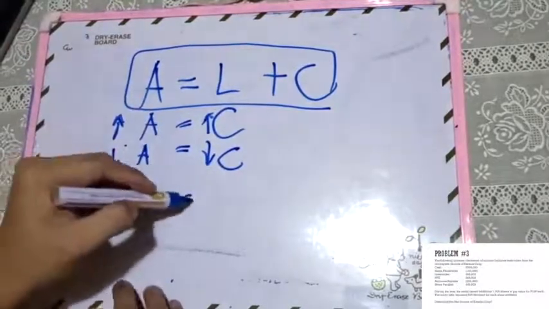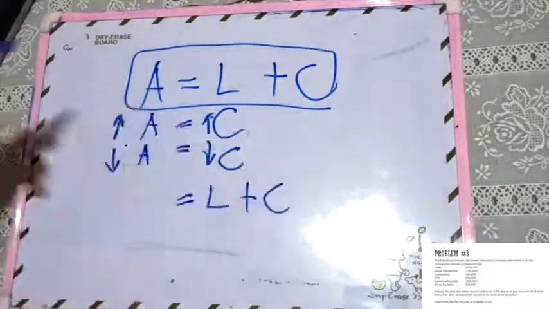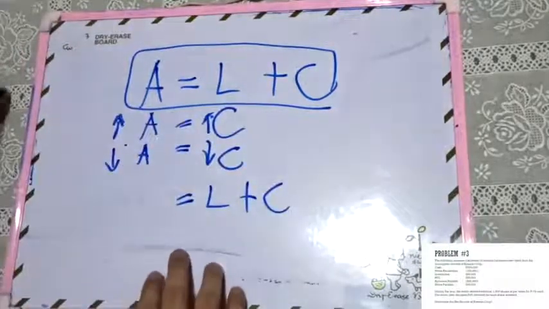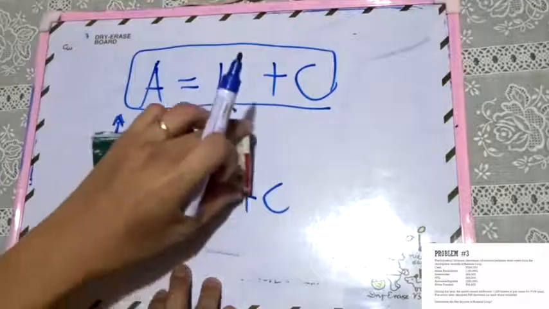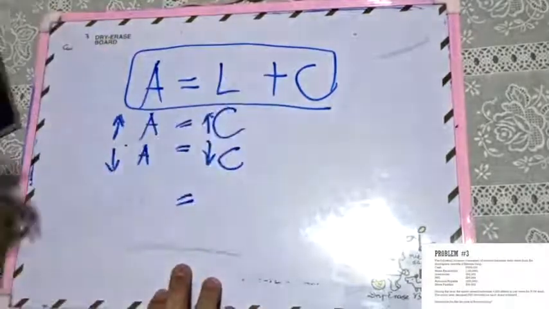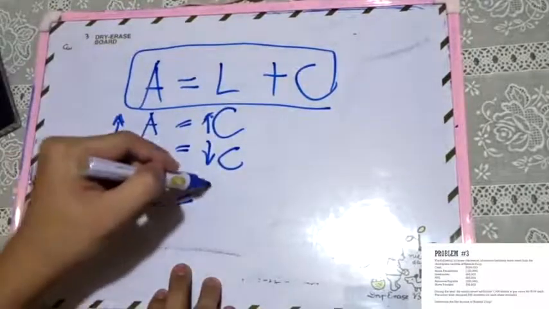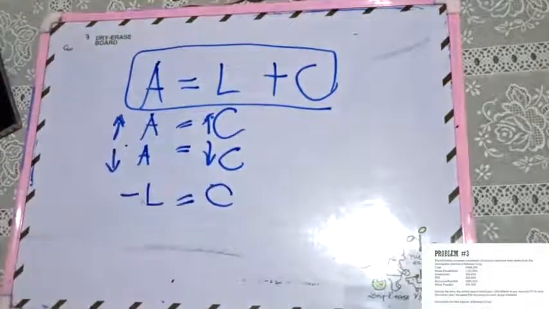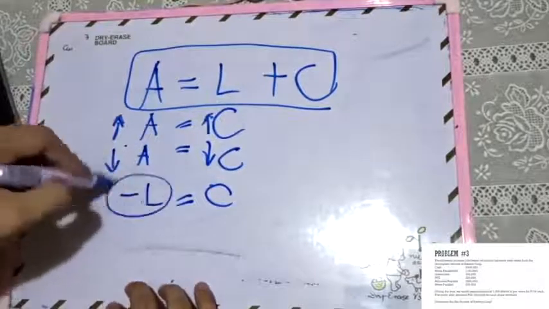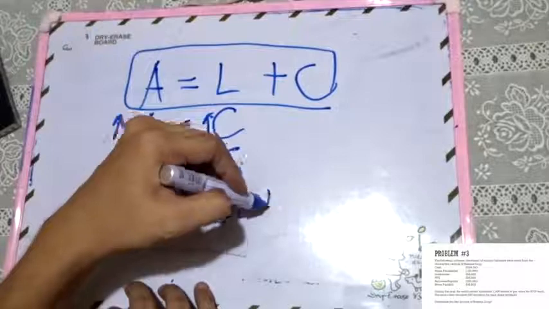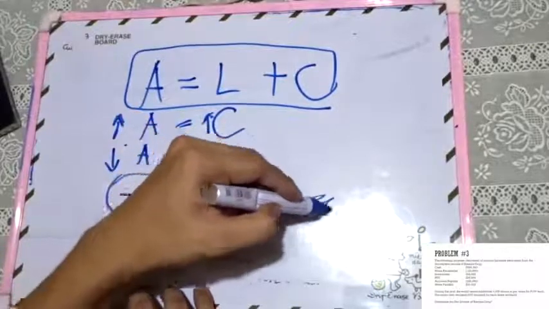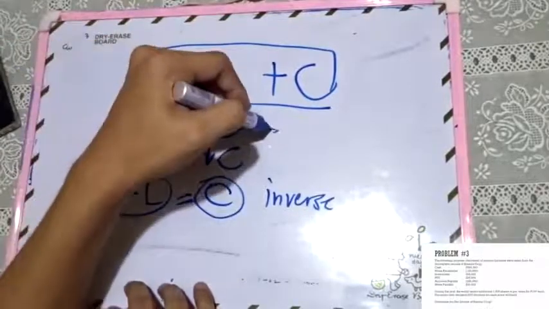Now here comes liability. If you're going to transpose liability on the opposite side of the equation, that would become negative. That would mean the relationship between liability and capital is what we call inverse. Asset and capital is direct.